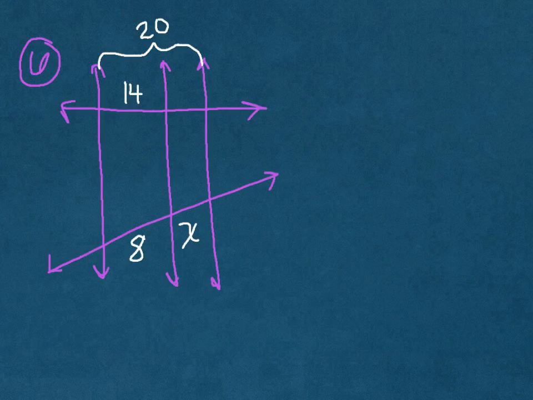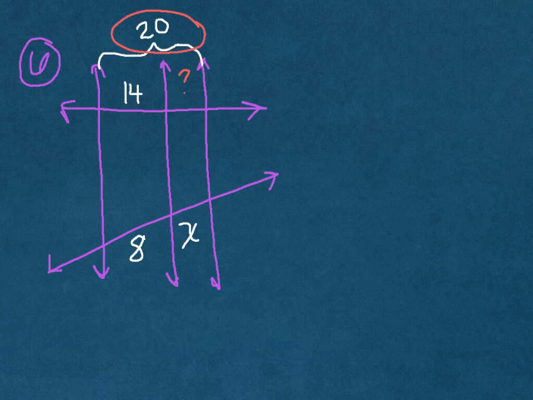Alright, last example. This time, I hope you're thinking to yourself, we're missing something, because we are. We need this piece right here in order to set up our proportion. So is there anything in the picture that we could use to help us find the question mark so we can set up our proportion? Well, we can take this 20 here and think of part plus part equals whole.